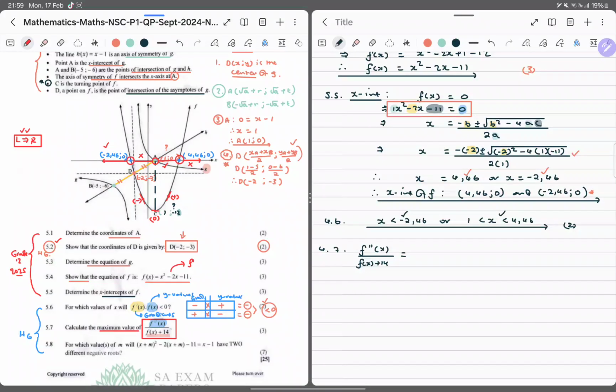So we know that f prime x is going to be, using the power rule, we multiply the 2 in front. It's going to be 2x. From 2 we take 1, so it's going to be just 2x. Here we have 1, we multiply in front, we get minus 2. Then from 1 we subtract 1, we get 0. So x to the 0 is 1, so essentially 2 is out.